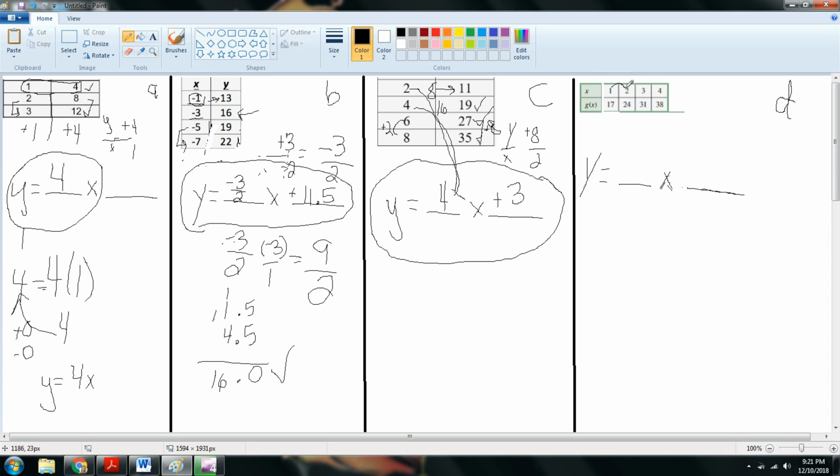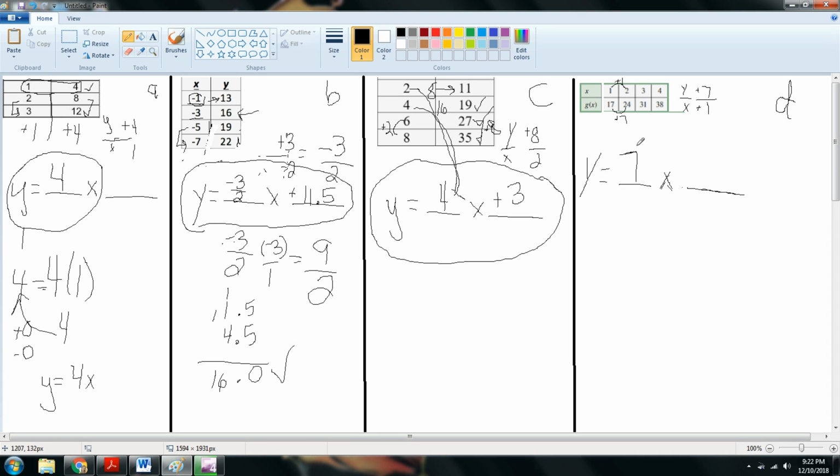Here, my x's went up a whole whopping 1, while my y's went up a whole 7. Slope equals y divided by x. My y was positive 7, while my x was positive 1. 7 over 1 is 7, so y equals 7x is the start to our equation.